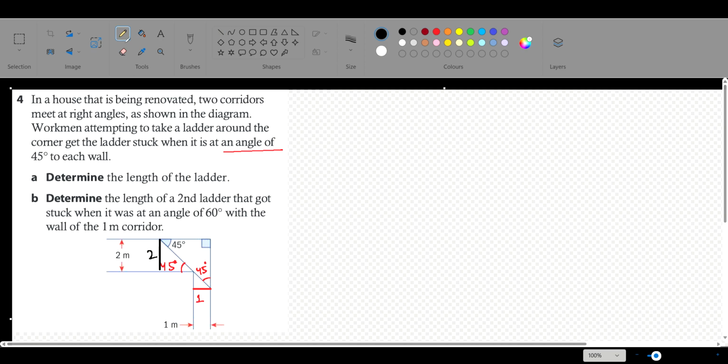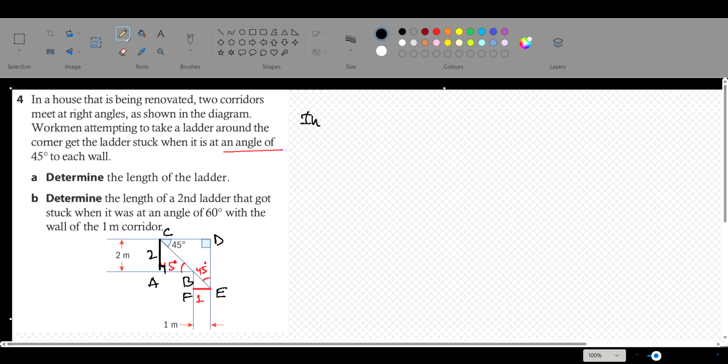This is 2 meter and this is 90 degree. So this will help me to find the length of some part of the ladder. A, B, C, D, E, F. Let's label it.